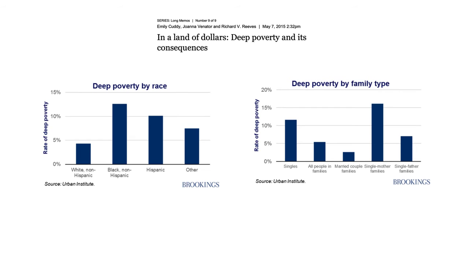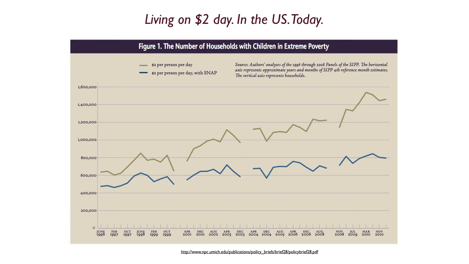As you should expect by now, this varies by race and by family type, among other things. We also have estimates of the number of Americans who are exceedingly poor, who are poor by international standards of abject poverty. And these are Americans who are living on less than $2 per day.